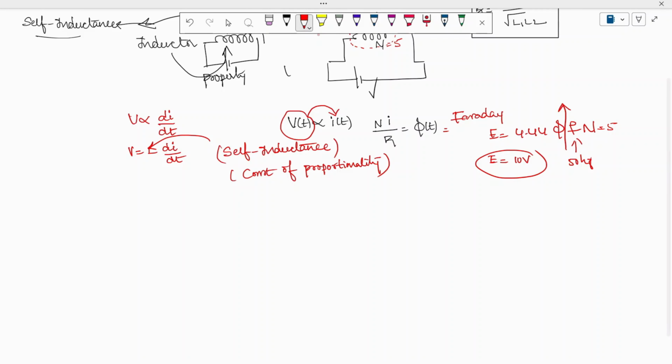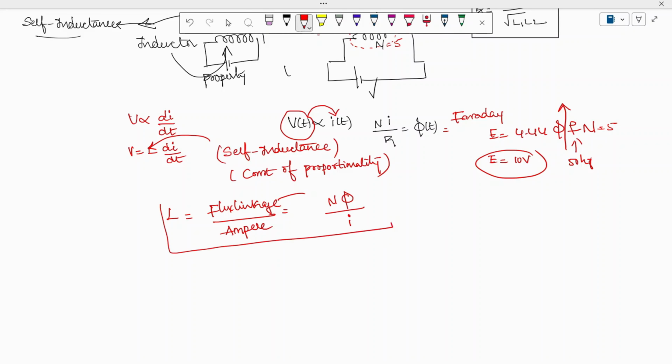We already know the formula for inductance: it is flux linkage per ampere, defined as the ratio of flux to current. Flux phi linking N number of turns divided by the current is defined as the property of an inductor.